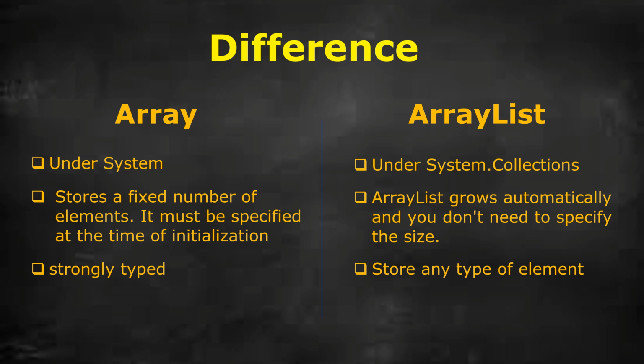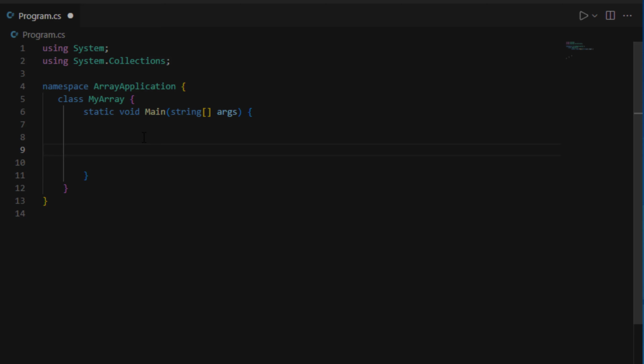In this video, you will learn a lot of ArrayList methods and properties. So let's start. Here in our example, first thing first, we must add the System.Collections namespace, this one, so that ArrayList will be available. Now we are ready to create an ArrayList.